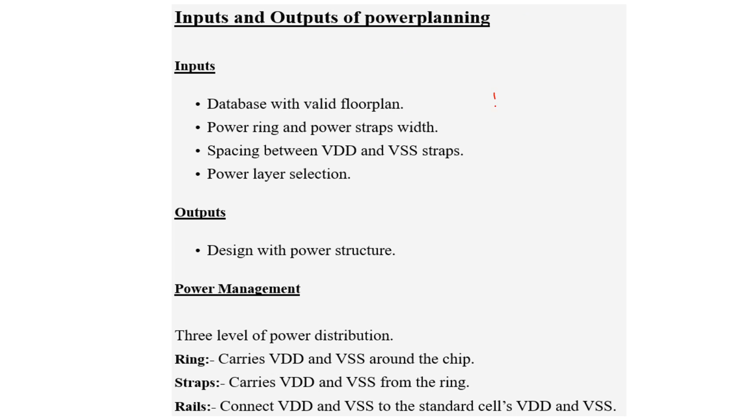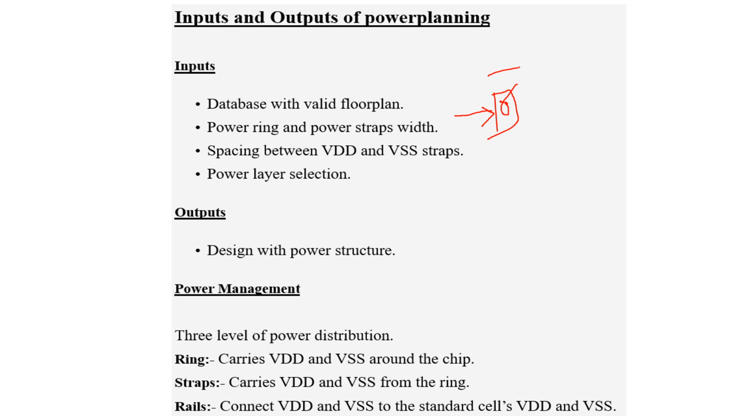So let us say this is your power unit. The output of the power unit is that the design structure should be good, well mannered. The database with valid floor plan needs to be considered as an input of your power plan, along with power ring and power strap width.